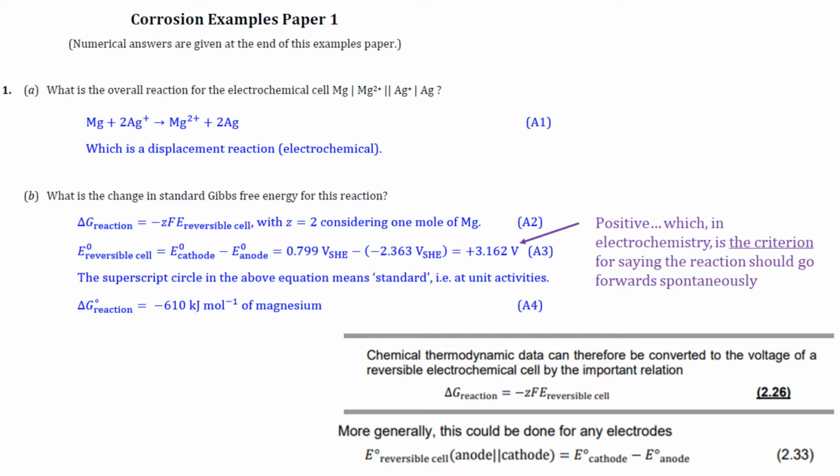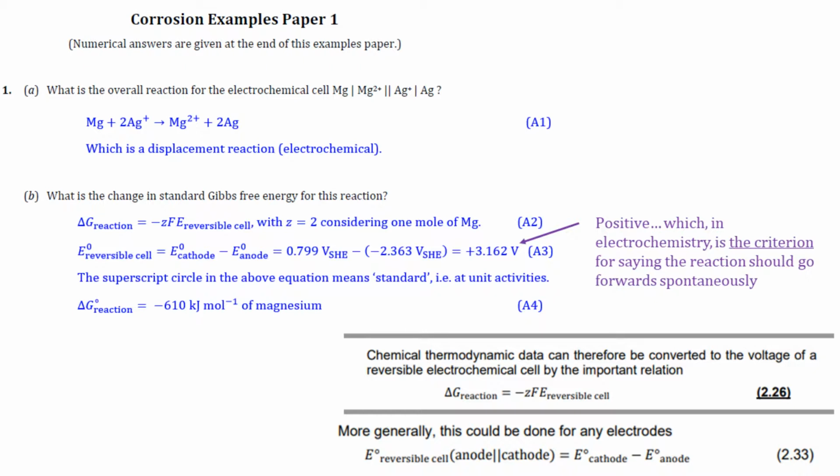And you can note that in electrochemistry, having this positive cell potential is the criterion for a process that will go forwards. That's consistent with what you should absolutely expect, that this process will go forwards with magnesium dissolving at the anode and silver plating out.